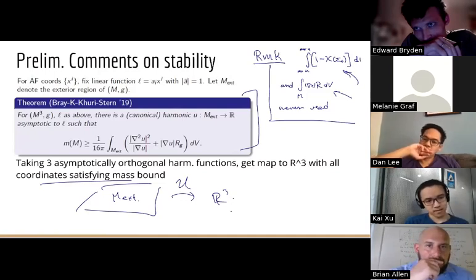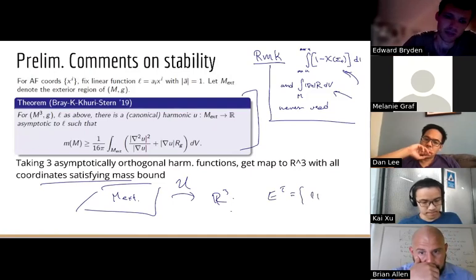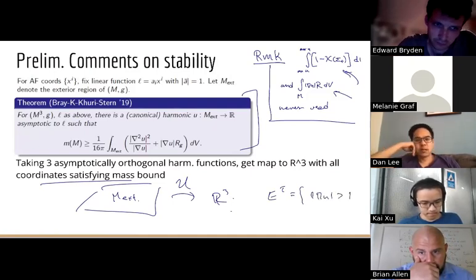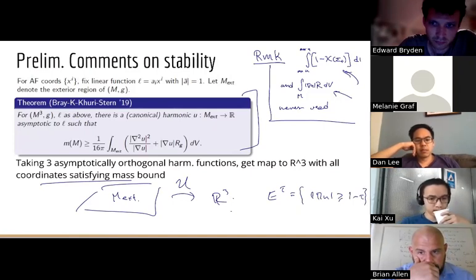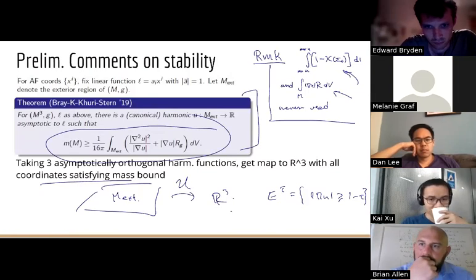Define some set where that's true. He'll probably talk about it tomorrow. Where norm grad u is like 1 minus tau or something. At least the mass formula would tell you that the boundary of that set is small, loosely. I see.